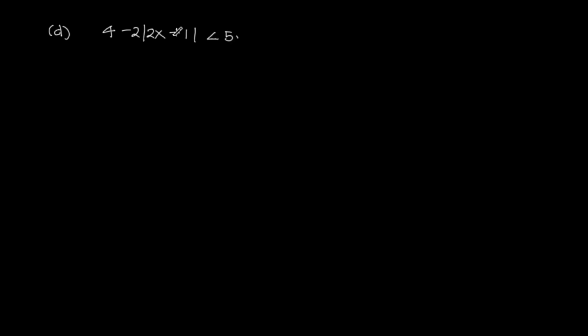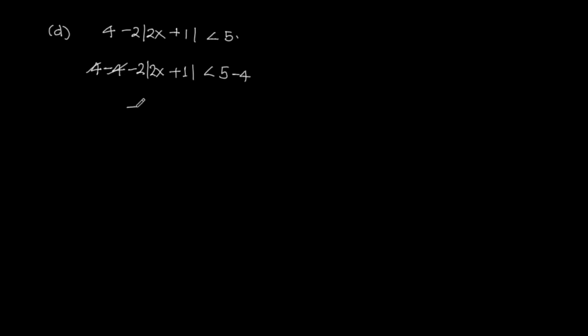In this inequality, our main goal is to make sure that the absolute value is isolated. So we have to get rid of the 4 and negative 2 attached to this absolute value. Let's do that by subtracting 4 from both sides. So we have 4 − 4 − 2|2x + 1| is less than 5 − 4.